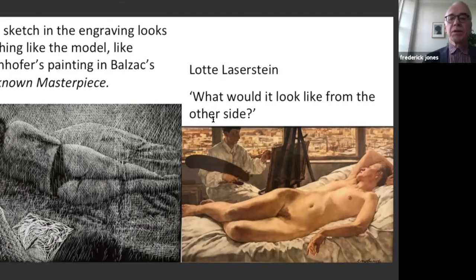So my engraving does allude to Laserstein's picture, and it's got this idea of what would it look like from the other side. And I was quite conscious of the connection with Laserstein's painting when I did this. There's a bit more background because this goes back to the Renaissance issue of which is better, painting or sculpture.